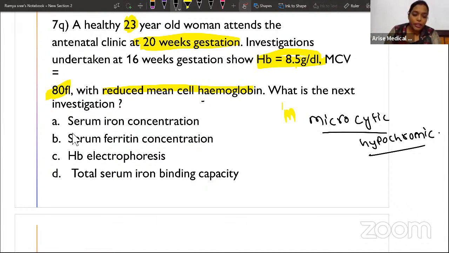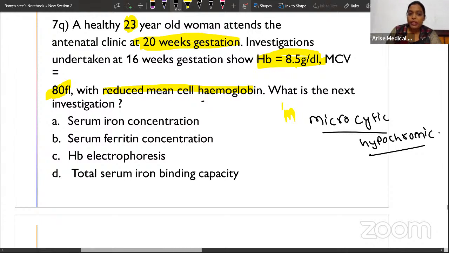What are the two differential diagnoses which we have whenever you have microcytic hypochromic anemia?